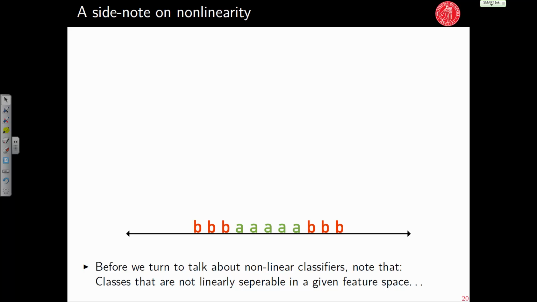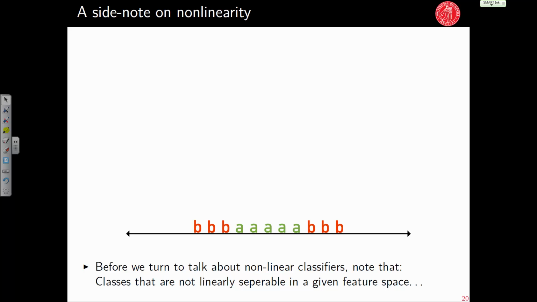So if you have this representation of class A and B, now we're working with one dimension only. The points in class A and B are not separable using one dot or one point. So you cannot find a point. You need two points, right? So one here and one there, but that's not linear in a sense.